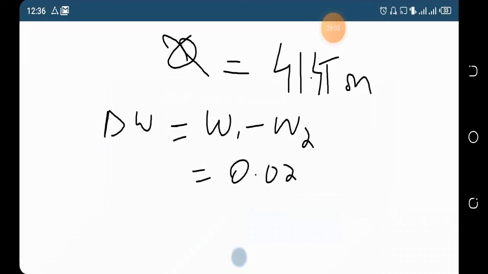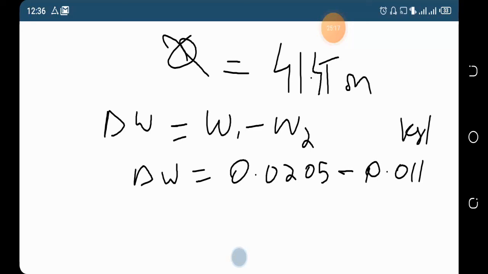We just subtract these two values: 0.0205 minus 0.011. The unit is kg of moisture divided by kg of air, so it is a ratio, kg divided by kg.